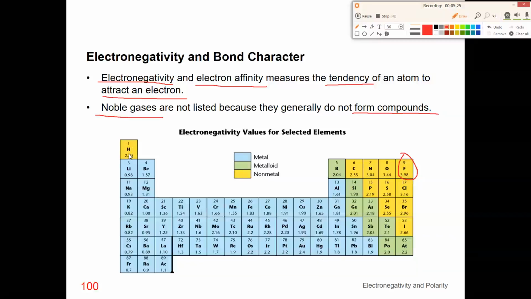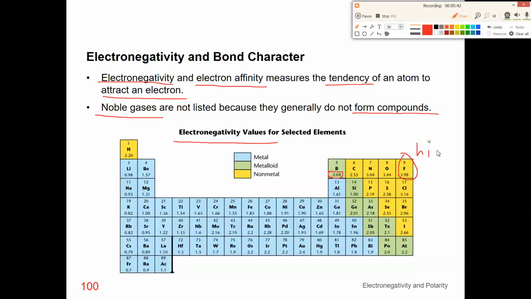So basically, almost all the elements have an assigned electronegativity number. This is a small number below the element. This is the electronegativity value, so we can compare them. The highest value is fluorine here. It's the highest in the periodic table. And the lowest is here.